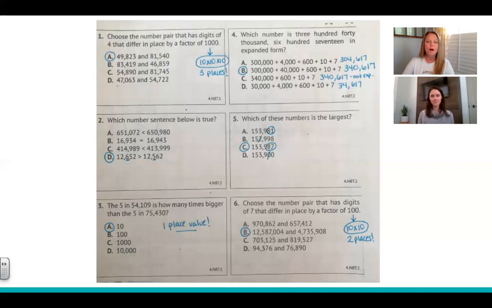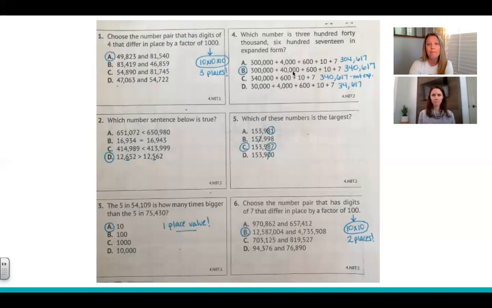Okay, in number 4, first I would need to write the standard form of 340,617. I know that would be 340,617. So when I look at all of these, I'm trying to figure out which one gives me that answer. And I get to B and C, and they're both 340,617.